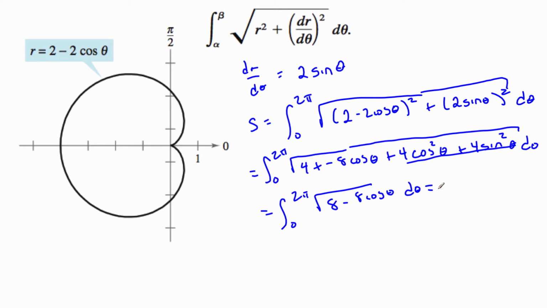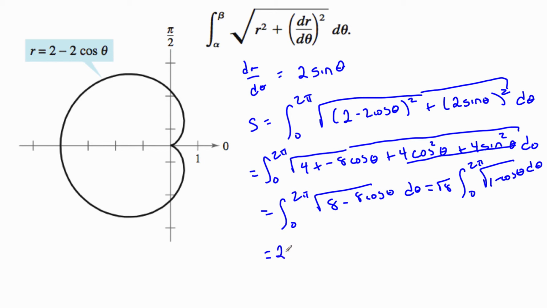So I'm going to factor that square root of 8 out. So this is square root of 8 times the integral from 0 to 2 pi, the square root of 1 minus cosine of theta d theta. All right, you're going to want to convert this, use a trig identity.